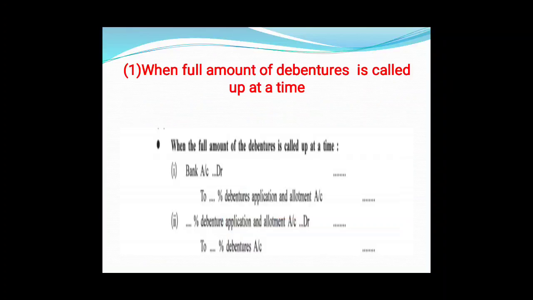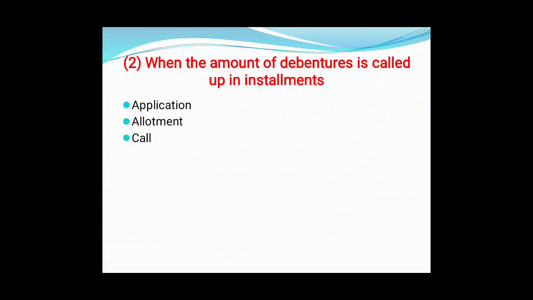Calls may be more than one: first and final call, or sometimes first call, second call and final call. So here also the same thing is possible when the amount of debenture is called up in installments: application, allotment and call.